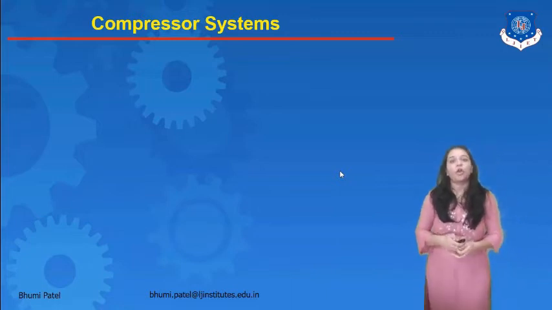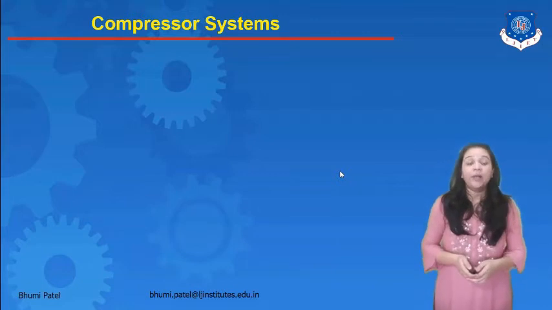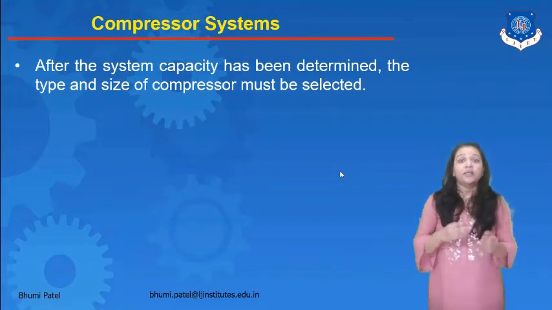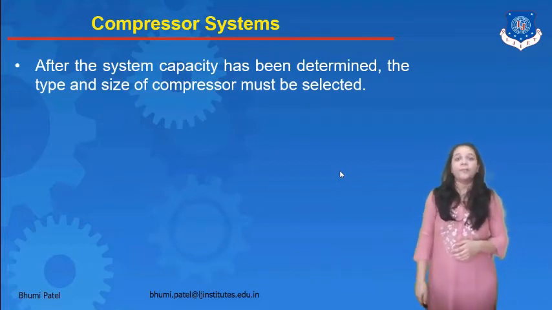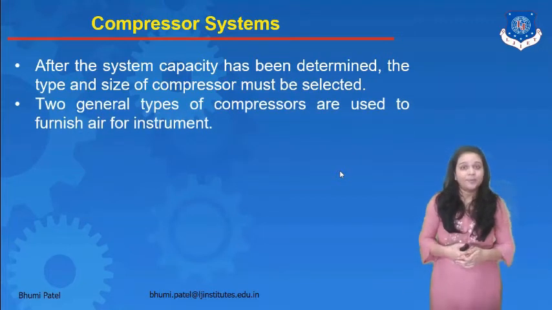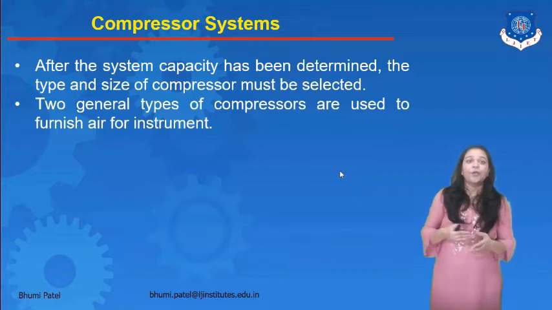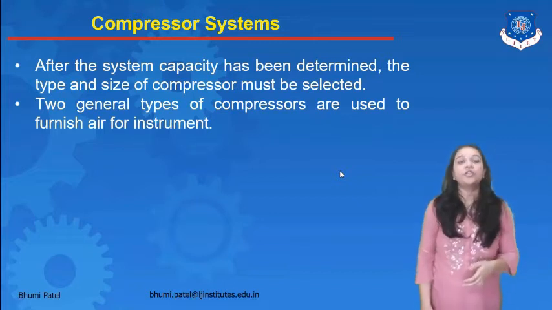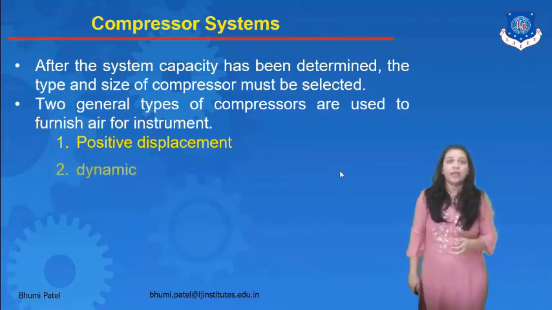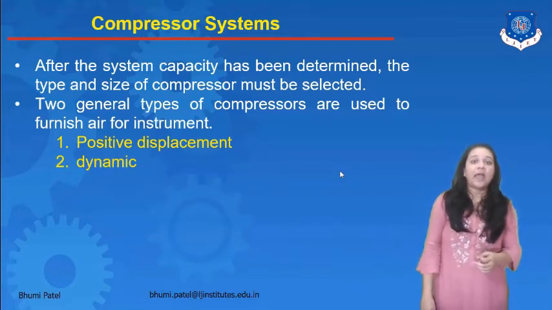Today's topic is the compressor system. After the system capacity has been determined, the type and size of compressor must be selected. Two general types of compressor are used to furnish air for the instrument system: the first is positive displacement and the second is dynamic.